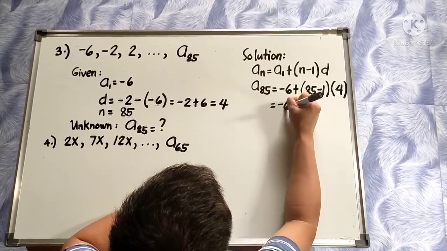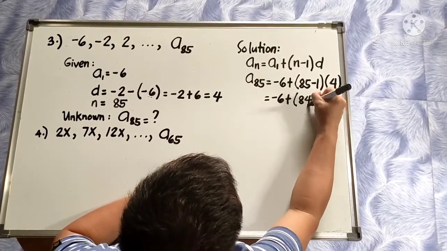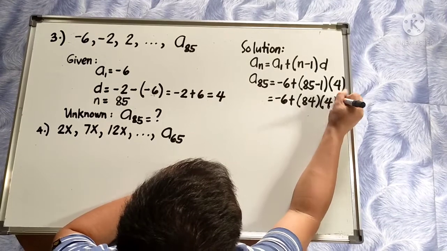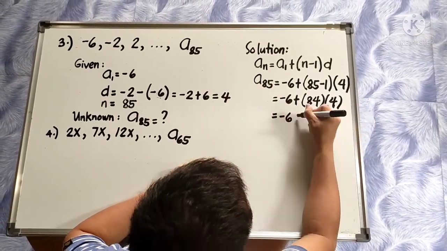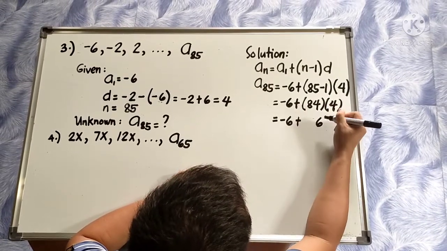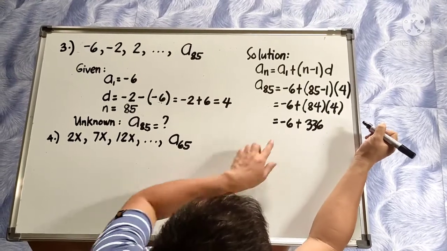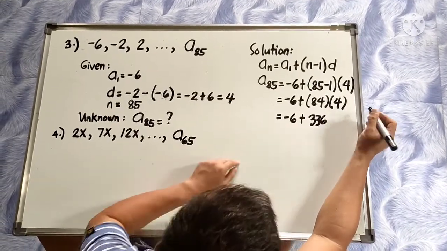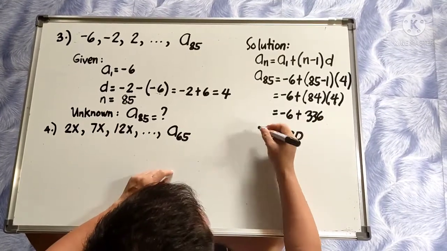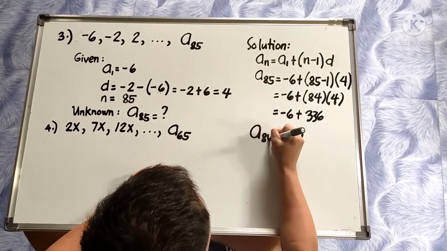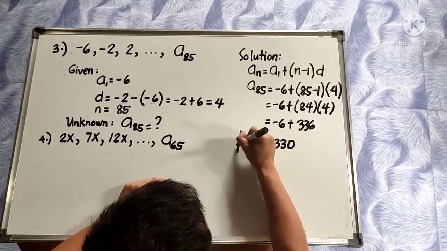You will have negative 6 plus 85 minus 1 is 84 times 4. You will have negative 6 plus 336. So, negative 6 plus 336 is 330. And 330 is our a sub 85, or our 85th term.